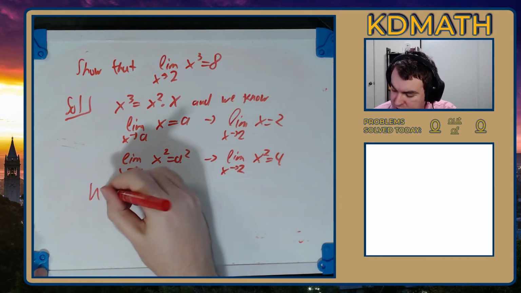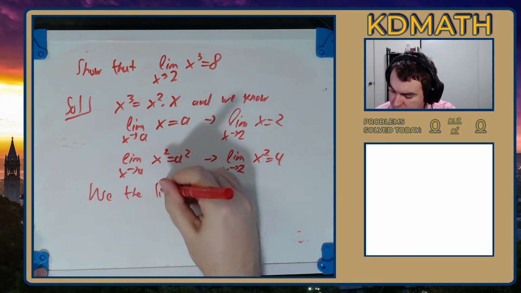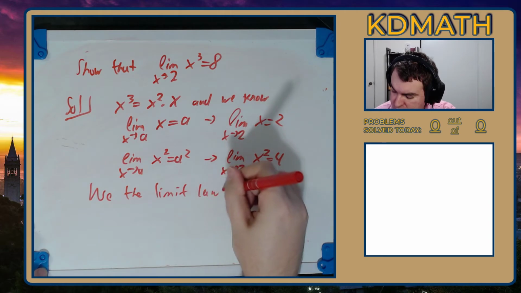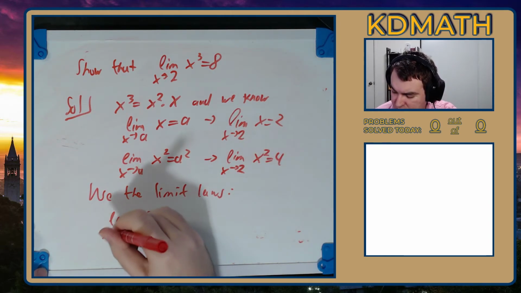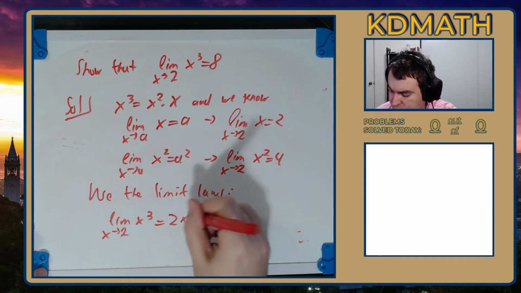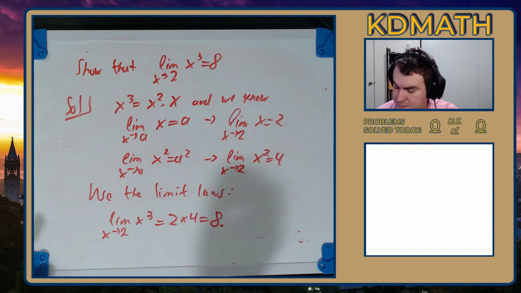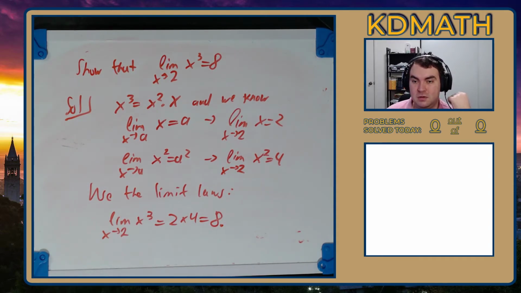And now use the limit laws to get that the limit of x cubed as x goes to 2 equals 2 times 4 equals 8. We're done. Voila. Look at how much shorter this was, right?